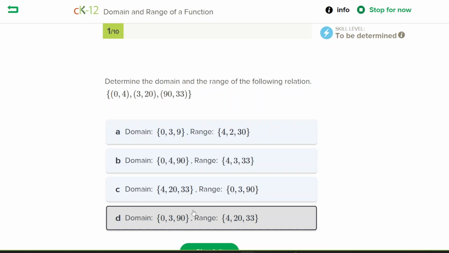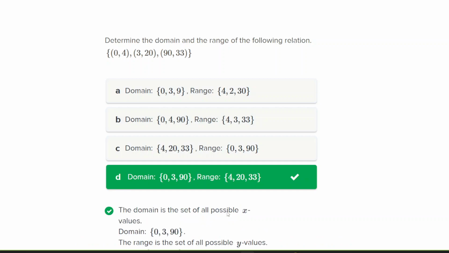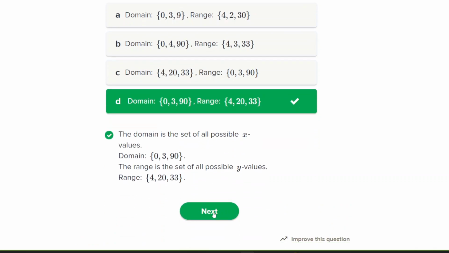Again, exactly one, not none, not more than one. 0 is paired with 4, and that's it. 3 is paired with 20, and that's it. And 90 is paired with 33, and that's it, right? So this would also be called a function. It's a special kind of relation. Check that out. Wonderful. And let's move on.